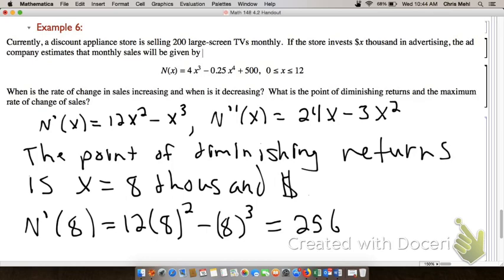And then the units here are going to be, let's see, so it doesn't say what the units on the monthly sales should be. I'm just going to assume that it's dollars. So basically the rate of change of sales is going to increase by $256 per $1,000.